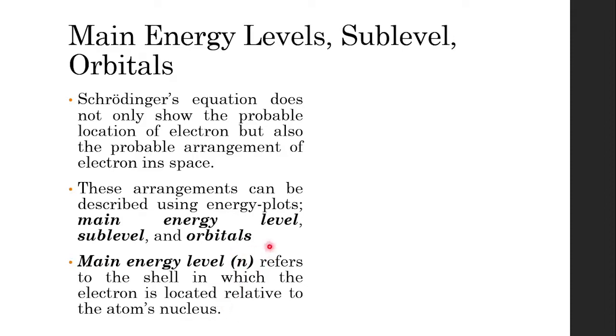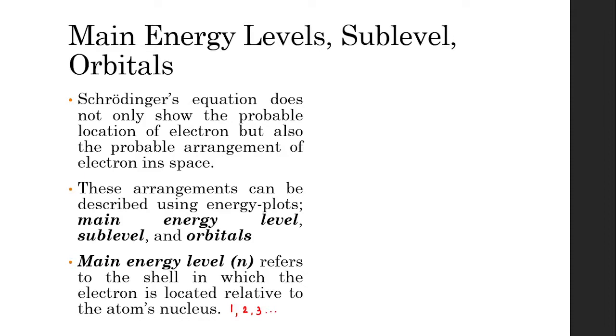We usually denote it with a positive integer, such as 1, 2, 3, etc. And the higher the number, the farther the electron is from the nucleus. That's basically what this is.